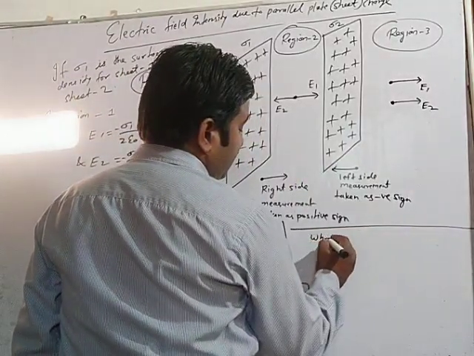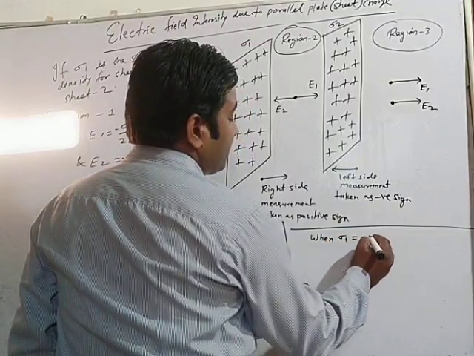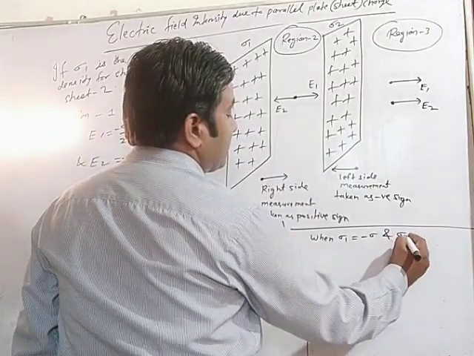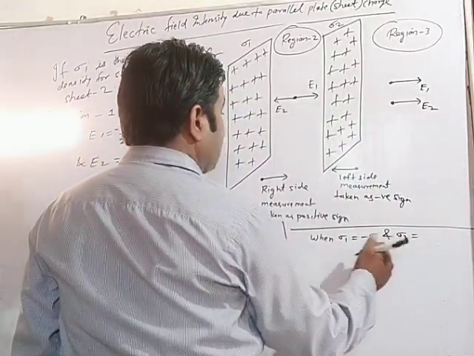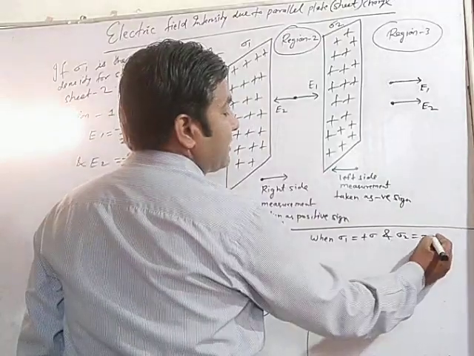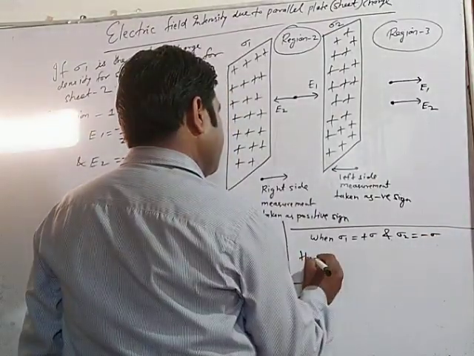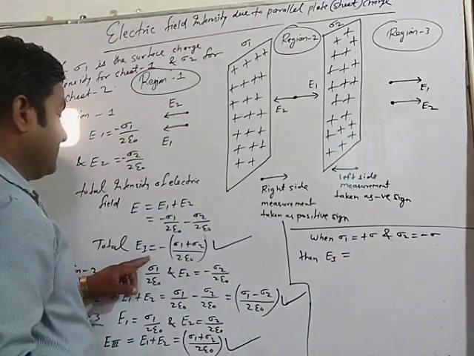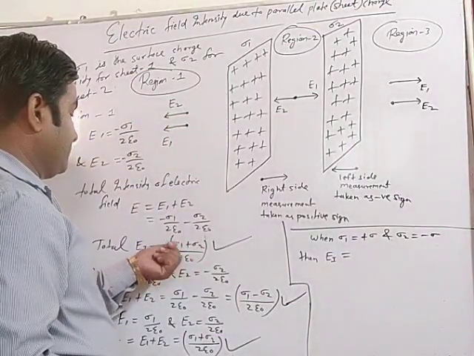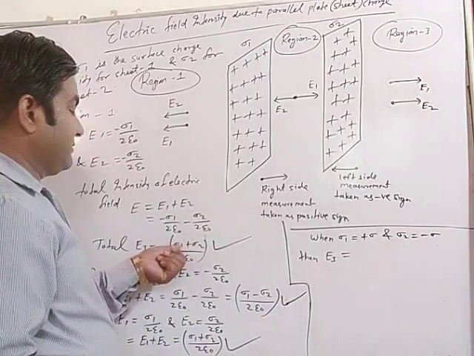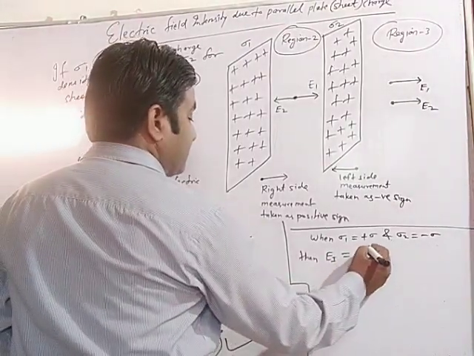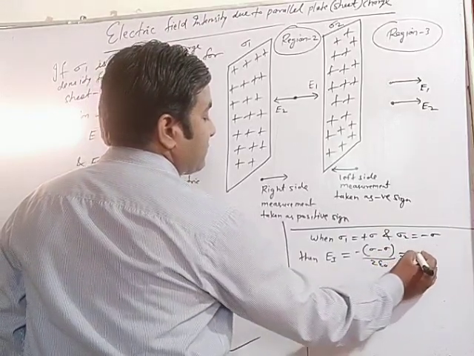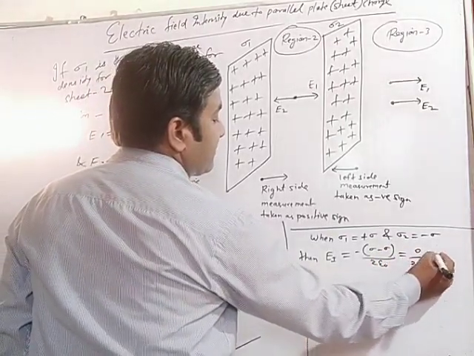When sigma 1 is equal to plus sigma and sigma 2 is equal to minus sigma, then E in region 1, sigma 1 plus sigma 2, when we put plus sigma and minus sigma, will be cancelled out. So it is 0 upon 2 epsilon naught, which is equal to 0.